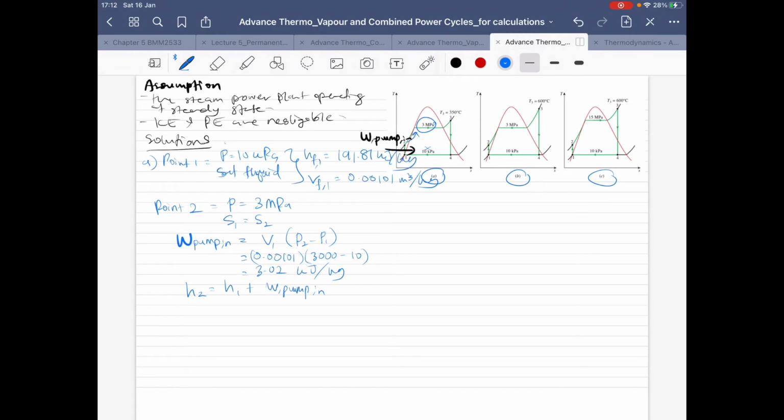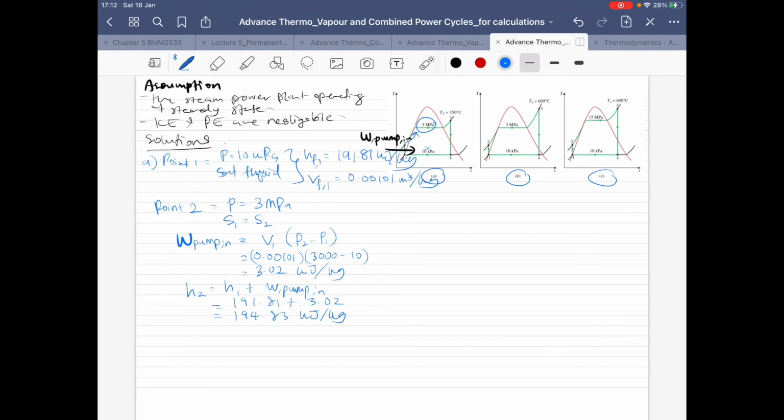The pump happens in between 1 and 2, so we just add. h1 we already know, 191.81 plus 3.02, so we get the value of 194.83 kilojoule per kilogram. Sorry for my very unclear handwriting.